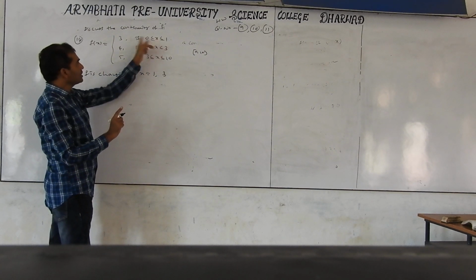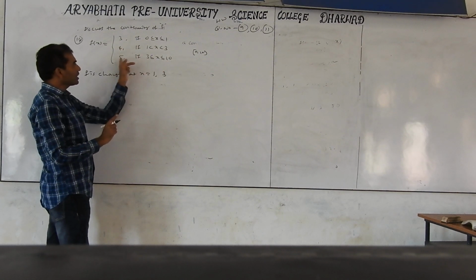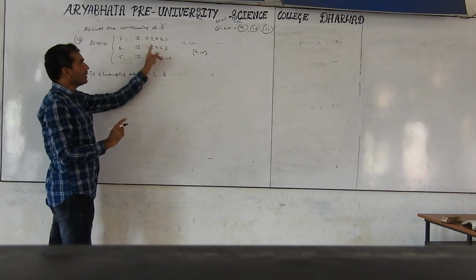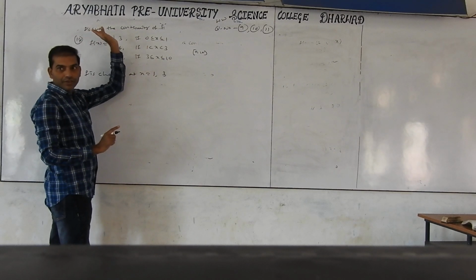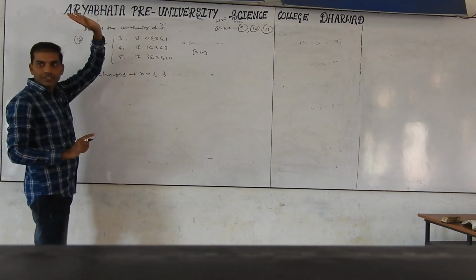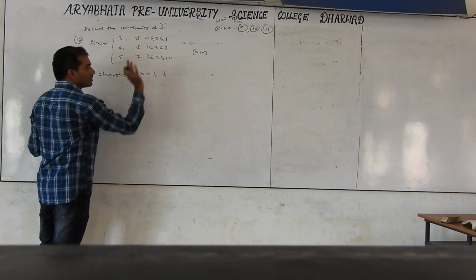Below 1 is 3, above 1 is 4. Below 3 is 4, above 3 is 5. So at these 2 points it is changing, but not at 10 and 0. Yes, f is changing at x equal to 1 and 3.